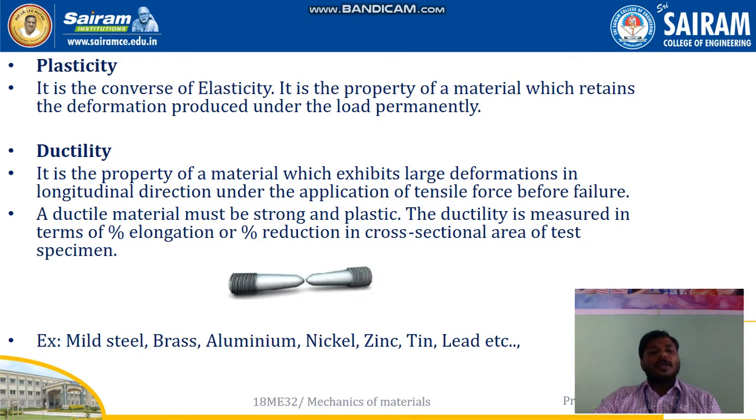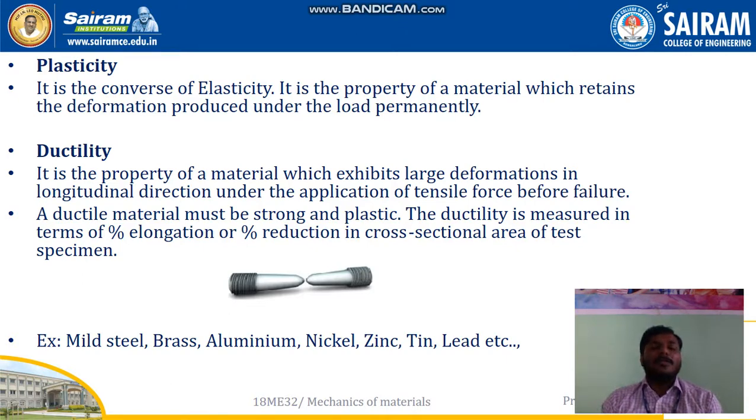Next is ductility. It is a property of the material which exhibits large deformation in the longitudinal direction under the tensile force before failure. Any material will have a failure at one particular point, where it starts breaking.